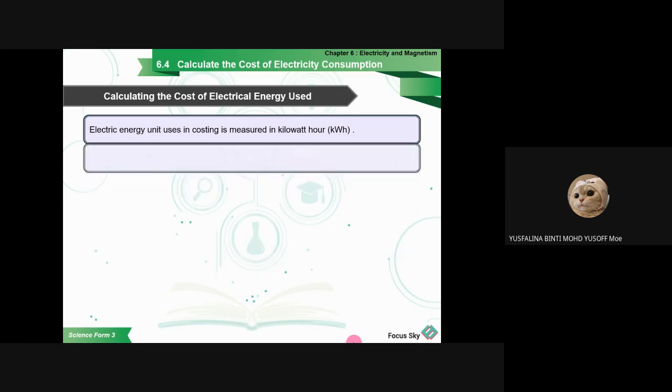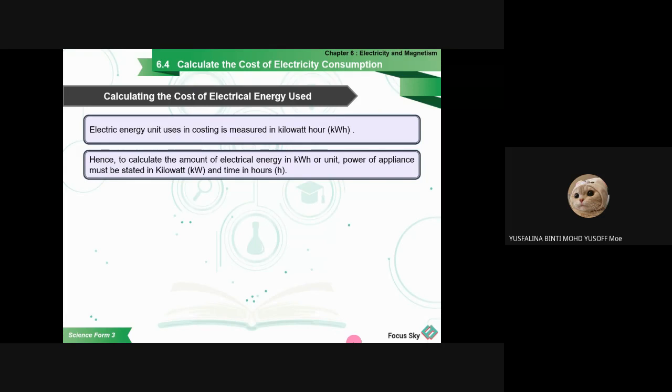So for the amount of electrical energy in costing, the power of the appliance must be stated in kilowatt and the time must be in hour. This is only for calculating the cost of electricity, like your electricity bill. If they give you minutes, you have to change to hours, and if they give you watt, you have to change to kilowatt. Then you can calculate your electricity bill for that month.